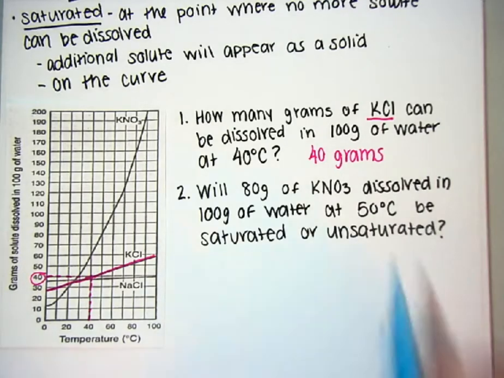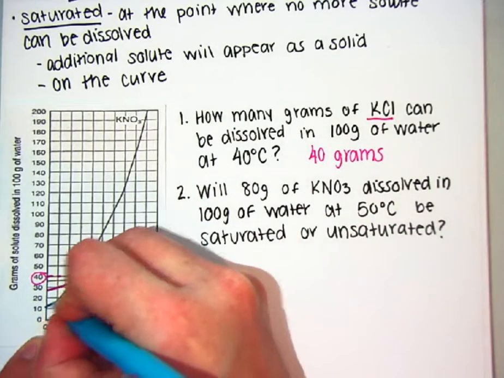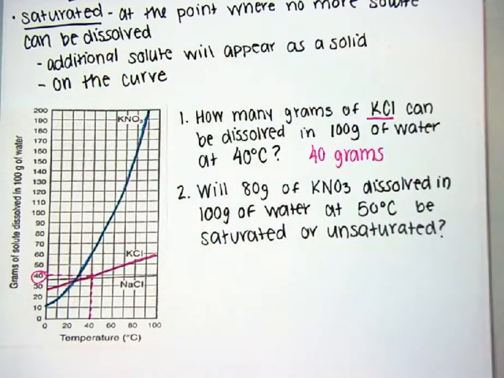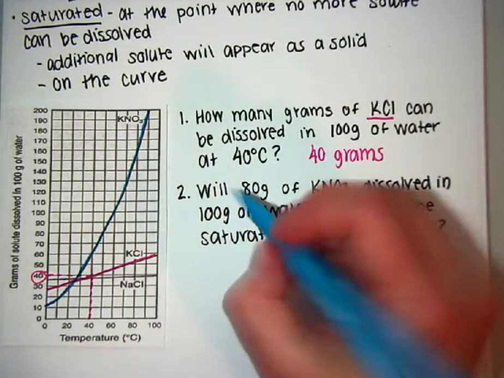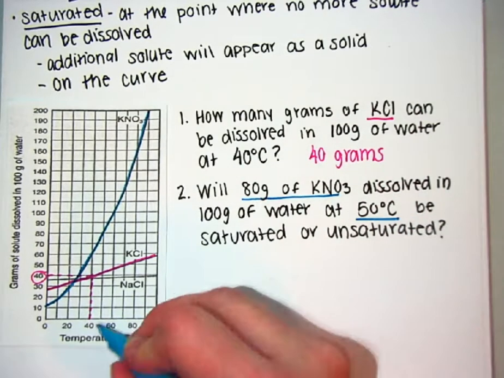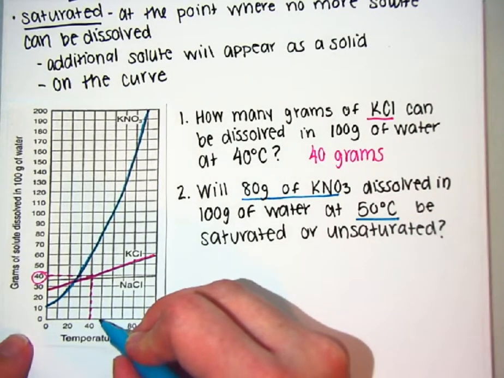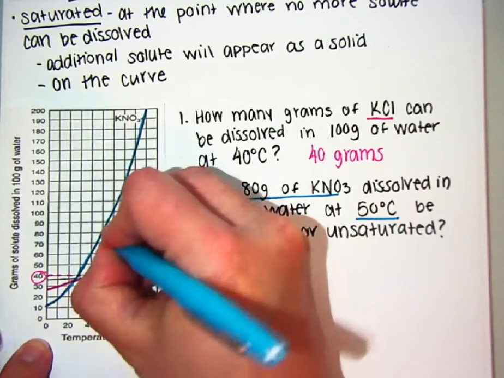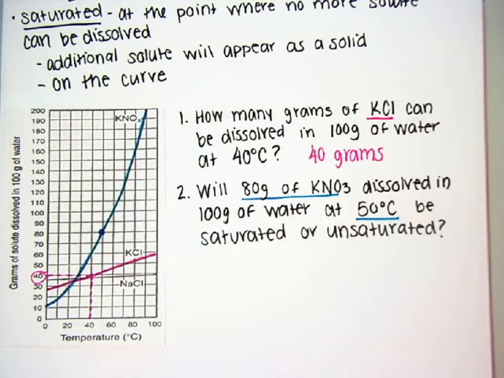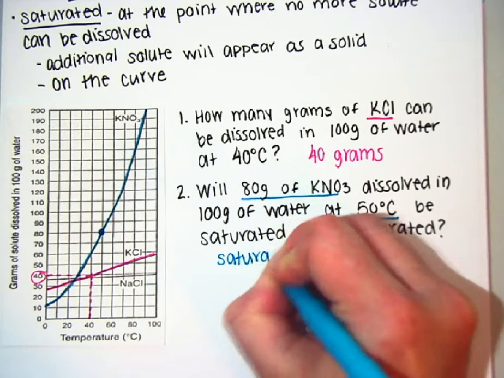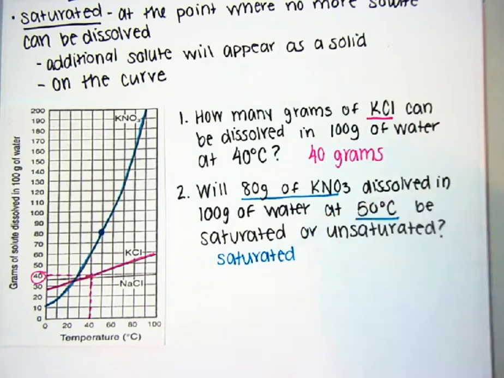Alright, so now we're looking at potassium nitrate, which is my curve highlighted here in blue. We want to look for 80 grams of potassium nitrate at 50 degrees Celsius. So let's find 50 degrees Celsius. We're going to go up to 80 grams. Notice that it is on the curve. So this solution would be saturated.